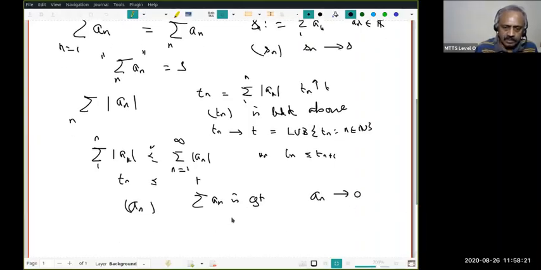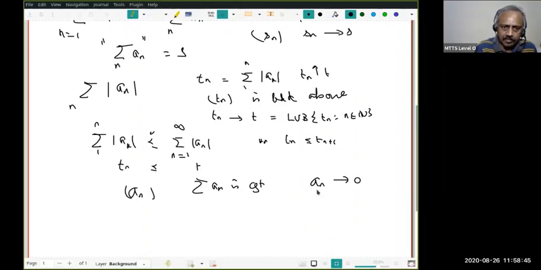Usually, loosely, people would say the nth term goes to 0, but the correct way of saying it is: given a sequence, form the associated infinite series. If this series is convergent, the original sequence converges to 0. In particular, the sequence a_n must be bounded. Is it clear? So these are some of the basic ideas I need.